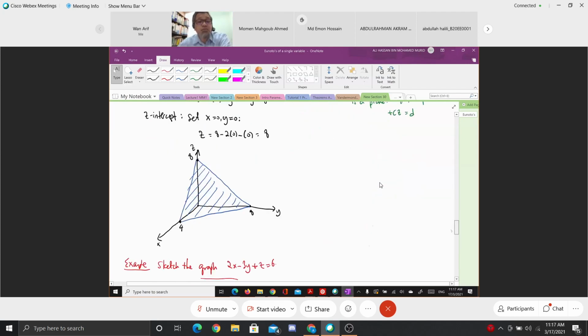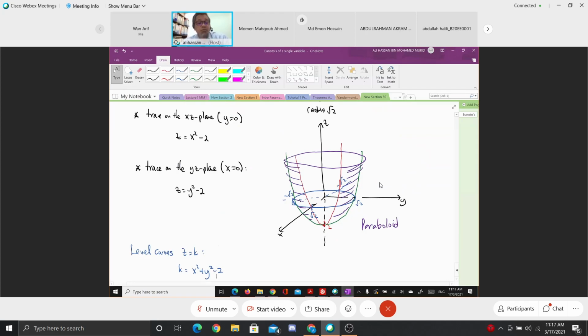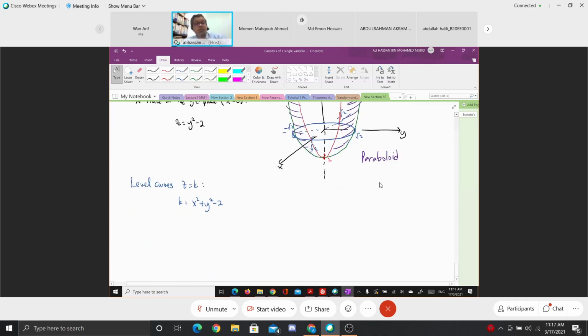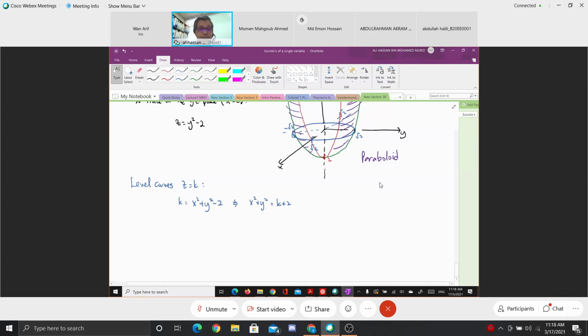So suppose k is a constant. Then this equation can be rewritten as x squared plus y squared equal to k plus 2, isn't it? Now, for a constant k, this is an equation of a circle, right?